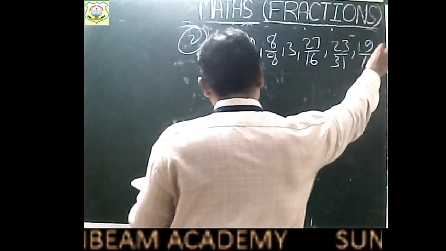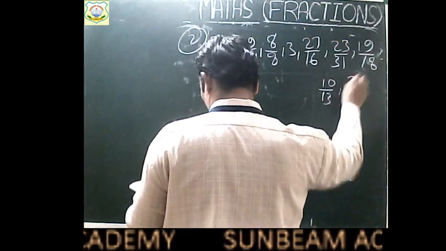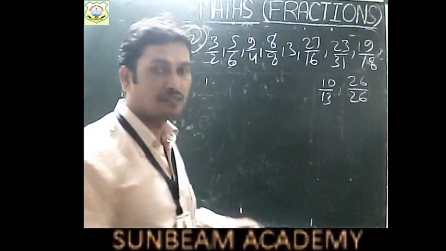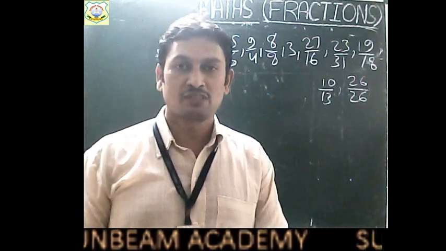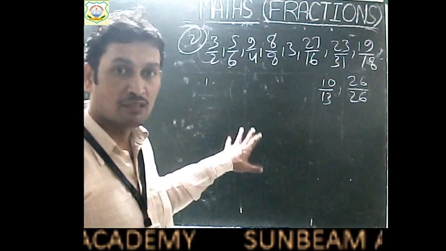What are the other numbers, children? 10 by 13 and 26 by 26. Right, children? So, can you tell which ones are improper fractions? The fractions in which numerator is greater than or equal to denominator.